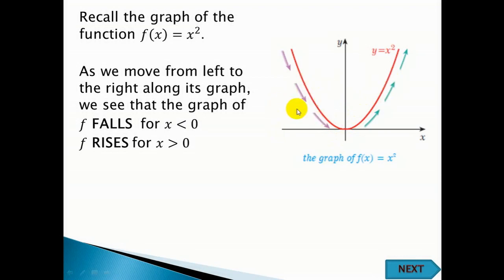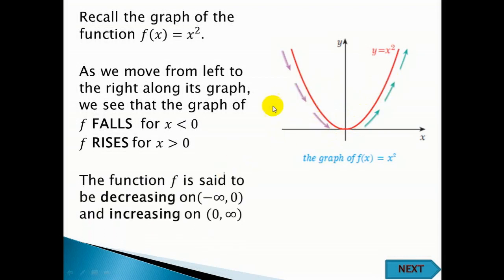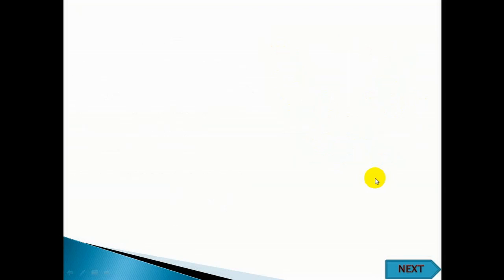So we can say the function f is decreasing on minus infinity to 0, and it's increasing on 0 to infinity. So remember, if the graph falls, it is called decreasing. If f rises, it is called increasing. Okay, next.